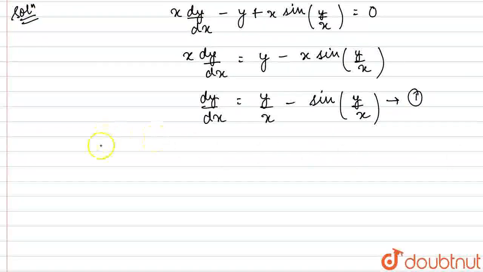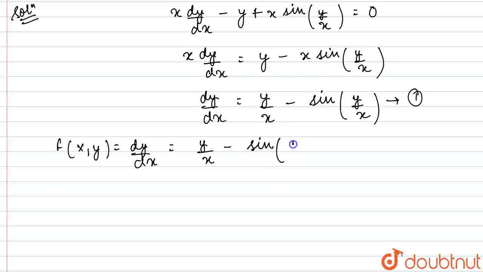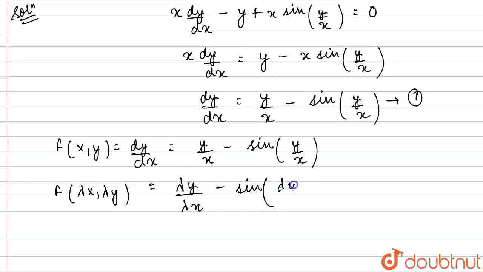Okay, now for checking homogeneity, let's assume a function f of x comma y which is equal to dy by dx, and this is nothing but y by x minus sine of y by x. Now we'll find f of lambda x comma lambda y. So this will become lambda y by lambda x minus sine of lambda y by lambda x.